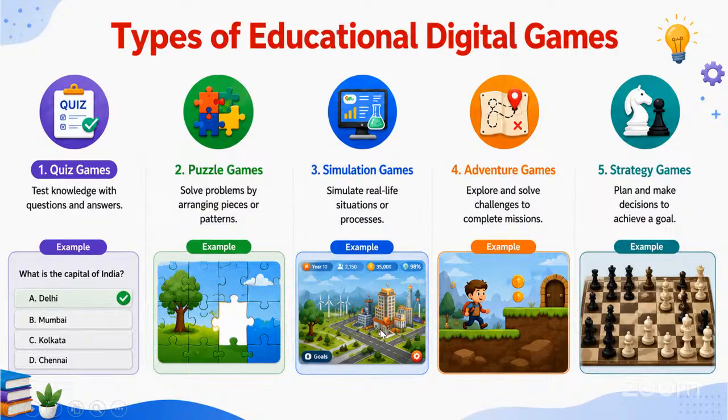And then simulation games, like building, like gardening, where it will grow, and then they will build, they will construct, and then they will sell, games like that. And then adventure, for example the Mario game, where they complete the missions and collect the points. And then strategy games, planning and making decisions, like the chess game.